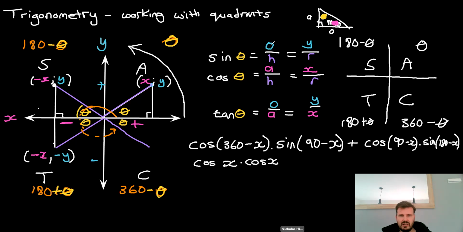So the sine of 90 minus theta would just be your cos theta. The opposite and the adjacent switch, depending on if you're looking at sine theta and cos theta, and if you're looking at the pink one or the yellow one.